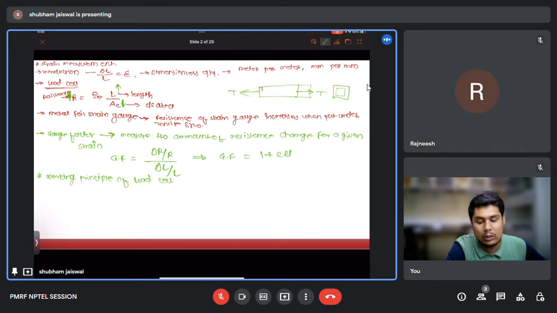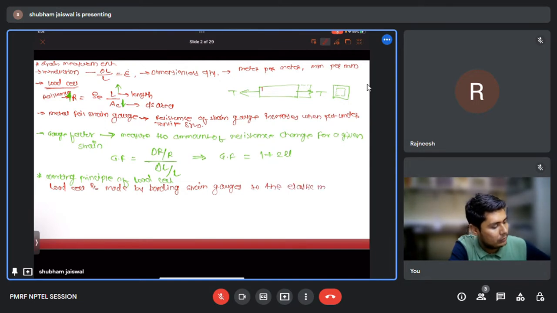We have seen that the load cell is made by bonding the strain gauges to the elastic material. Then we have seen resistance measurement, how the resistance is measured.